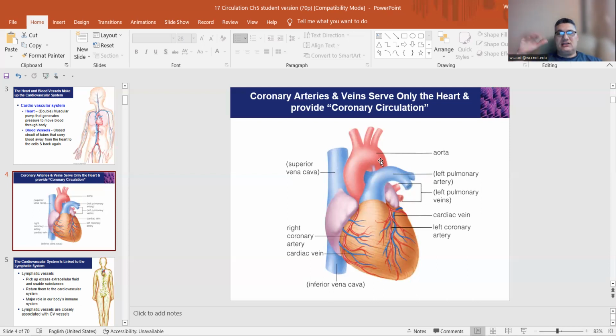The big branches later on will branch into smaller branches called arterioles, which will branch into the smallest capillaries. The capillaries are the ones that deliver oxygen and nutrients to the cells and take carbon dioxide and waste products. And now we will do the exact opposite, but the venous side.